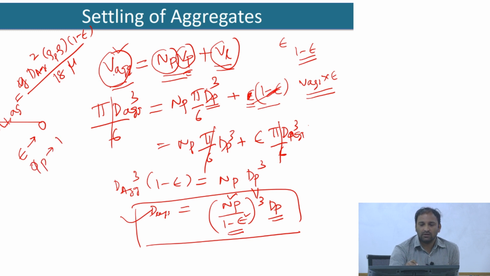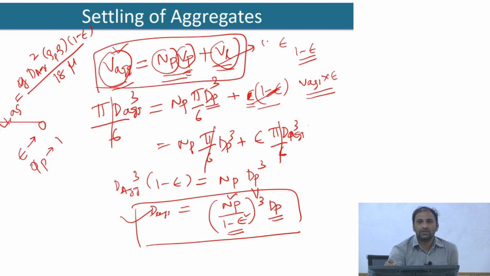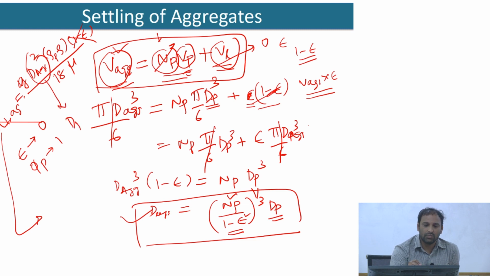In that case, if I look at this expression, your VL is 0, and the number of particles is going to be 1. So, this expression becomes your single particle settling velocity, because epsilon is 0, therefore this term goes, and the number of particles is 1 here. Therefore, your d aggregate is basically the same as d particle.